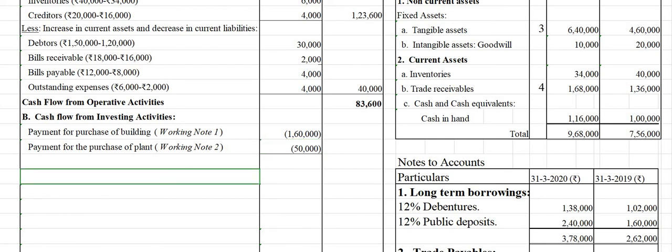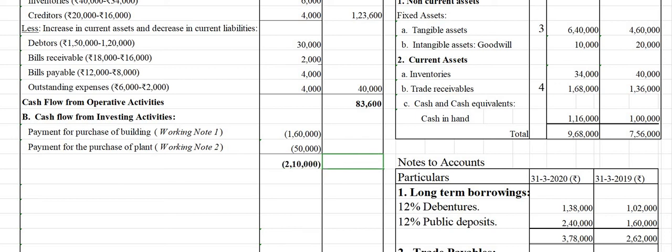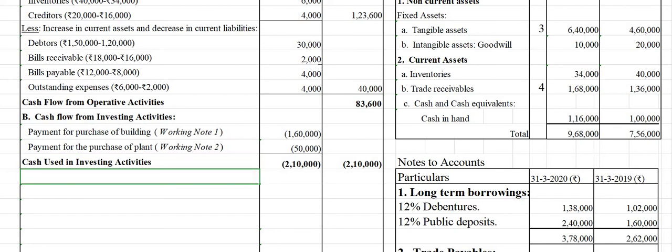So see, since in this question there is no other flow of cash in investing activities, we can total that and write in the outer column. 2,10,000. That is cash used in investing activities. See the difference? Since it is minus, this much cash we have spent more than our inflow. So that's what we have written, cash used in investing activities.